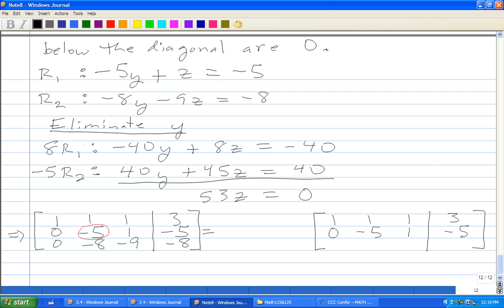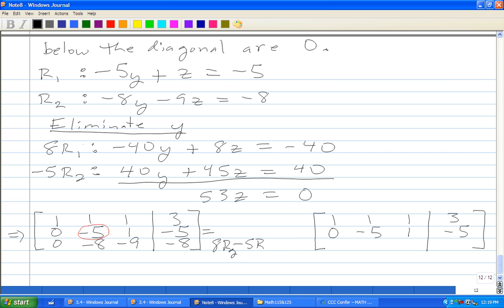And now I'll take, what did I do? 8. So I'll take 8 times the first row, 5 times the second row. Except those are now called different things.